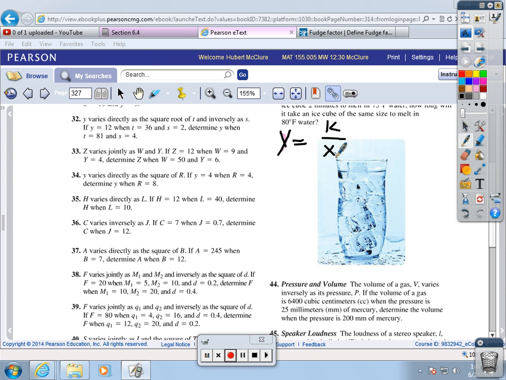So C varies inversely as J. There you go, and that's your first part. So we'll highlight that yellow, and that is our first part.